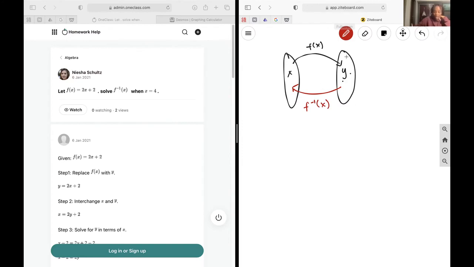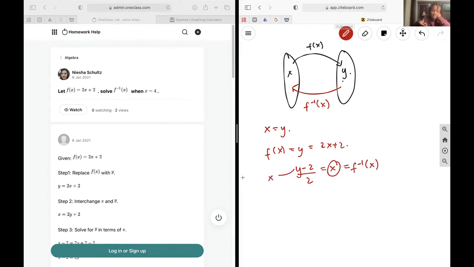How to do this mathematically is we reflect this in the line y is equal to x. So with our function, f of x is equal to y, which is equal to 2x plus 2, you're going to isolate x. So this becomes y minus 2 over 2 is equal to x. Then you will call this x the inverse, and this y you'll label x.